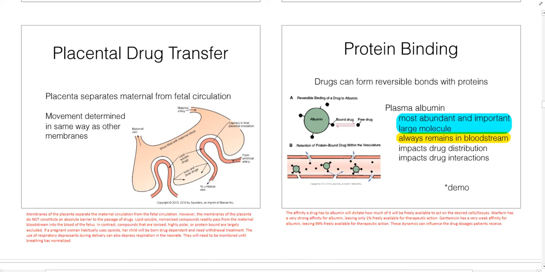For example, if a mother uses opioids on a regular basis, they will cross the placenta because they are lipid soluble, and the fetus can actually become dependent upon opioids. They may actually need treatment upon birth.